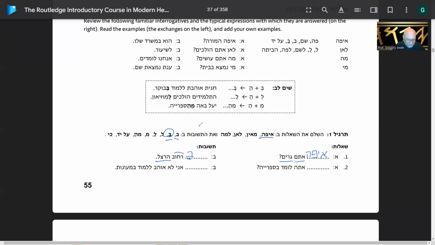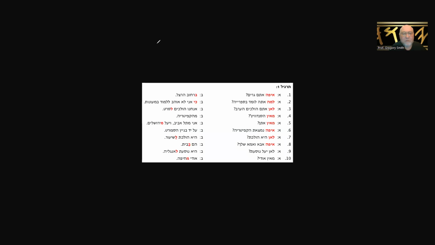Now let's just look at the answer key here. So we should have apho and then Baharov, Herzl. They don't include the pointing here, but I think it's Barhov. That's what it is.